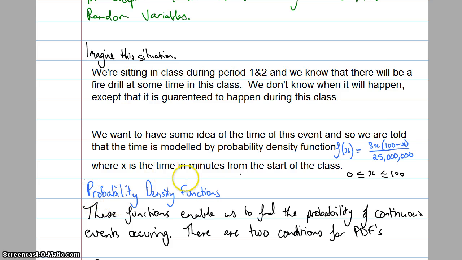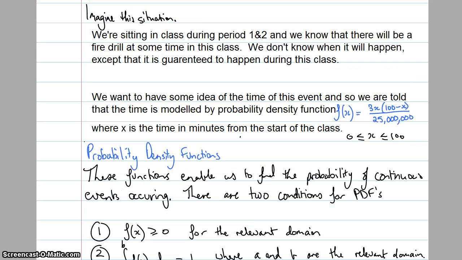Probability density functions enable us to find the probability of continuous events occurring. There are two conditions for PDFs, and I'll show you what they are. PDFs are basically what continuous random variables are.